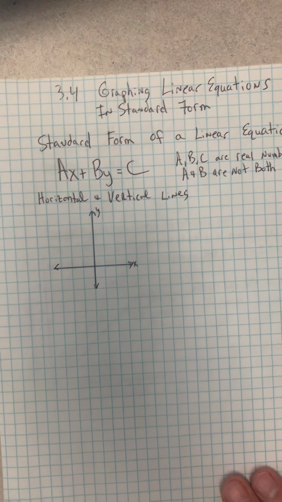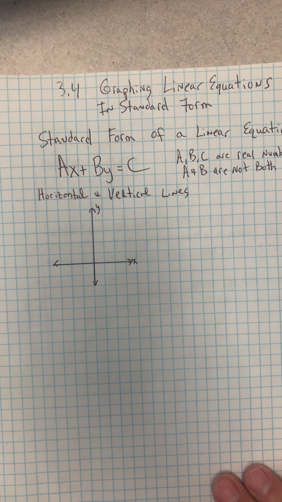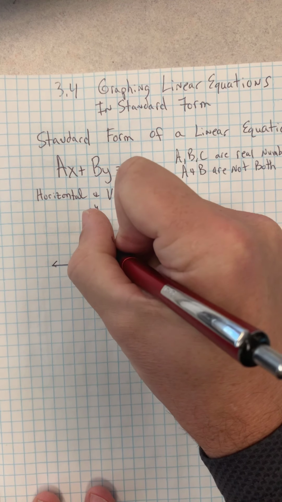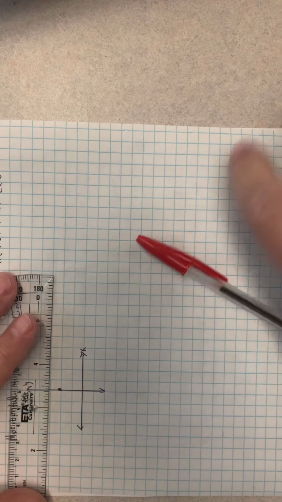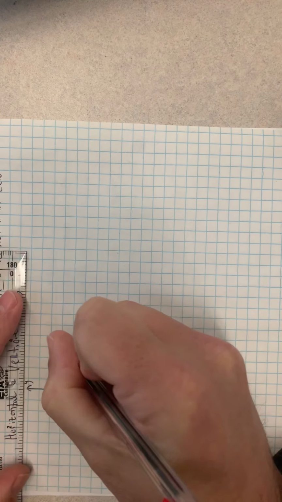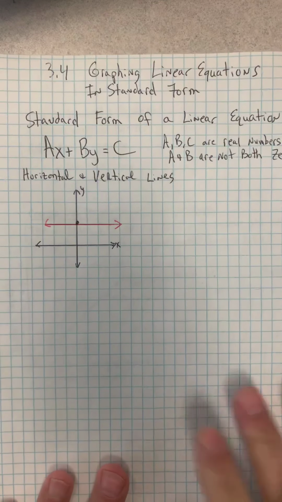It just makes those nice, clean and crisp. Here's my x-axis, my y-axis, and I'm going to put a point right here in a horizontal line going through that point on the y-axis.